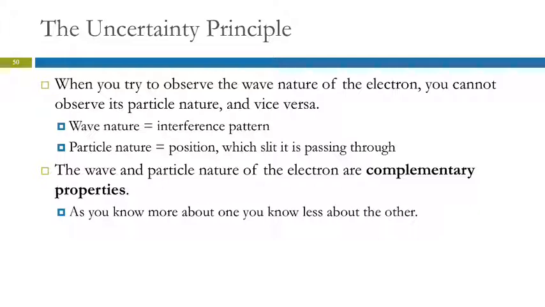We force it to be one or the other. So an electron can simultaneously exist as a particle and a wave, but when we observe it, it has to be one or the other. So we say that the wave and particle nature of the electron are complementary properties. The more you know about one, the less you know about the other.